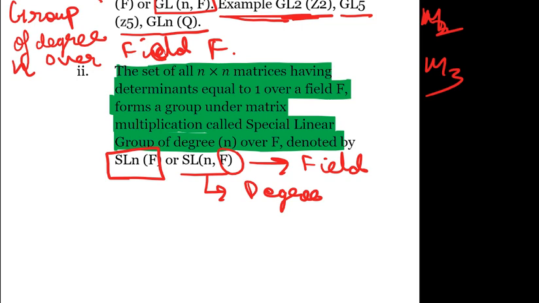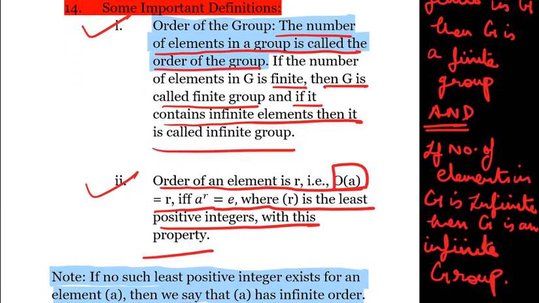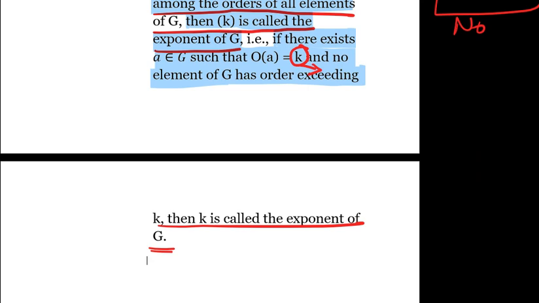Then we learned the notation of the special linear group of degree n over a field F. After that, we went on to some important definitions: the order of a group, and how we can get an exponent, where the value k, the exponent, cannot be greater than any other value. Then the order of that element is equal to k, and k is called the exponent of the group. So today we learned this much, and we will continue this in the next videos.